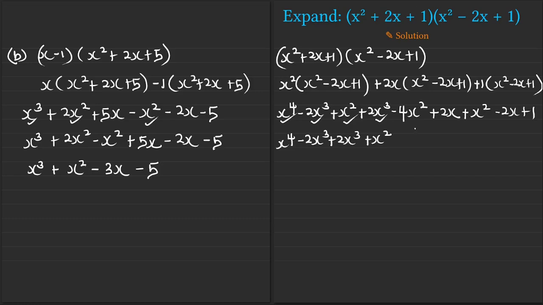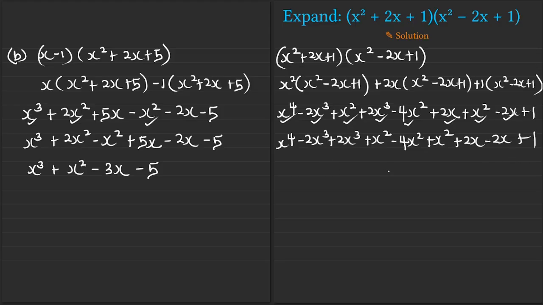This is written. Then we have negative 4x squared. This is also gone. Then we have a positive x squared. That is from here. Then look at those with a degree of 1. So with that, we have our positive 2x. This is gone. Negative 2x. This is gone. And then plus 1.